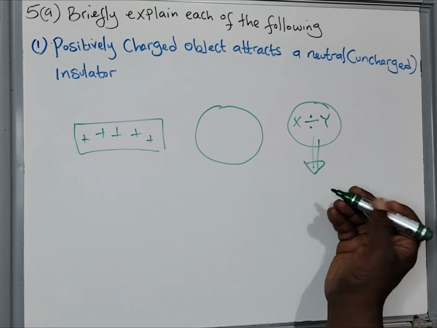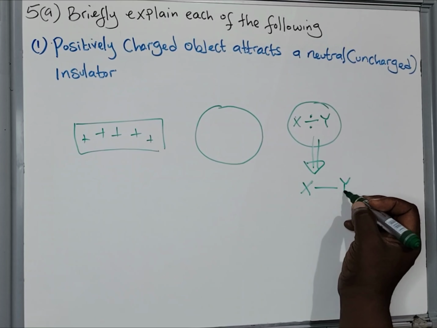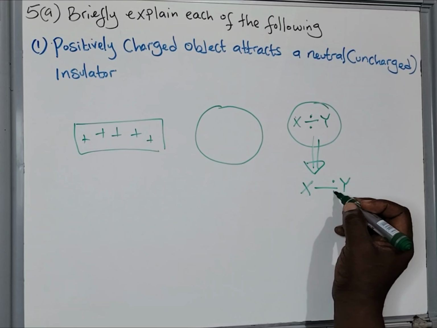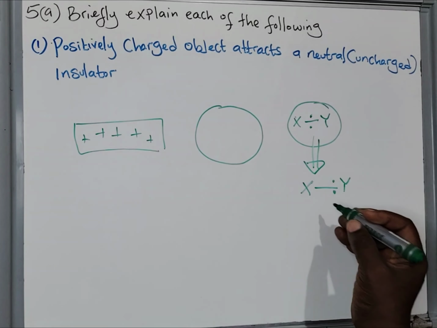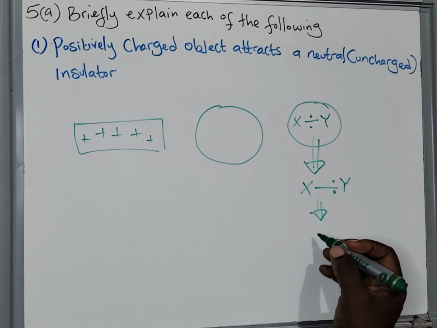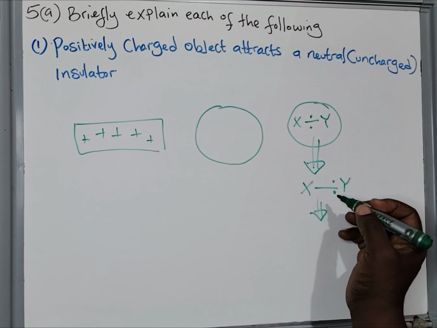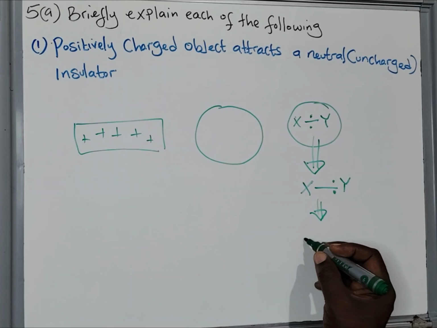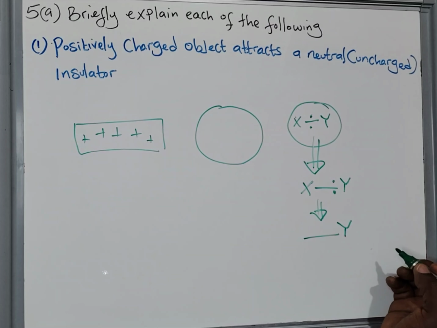There are many situations where the shared electrons are closer to one atom than the other. When this happens, the atom which attracts electrons towards itself, in this case Y, we call electronegative.